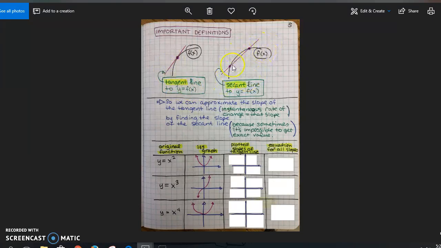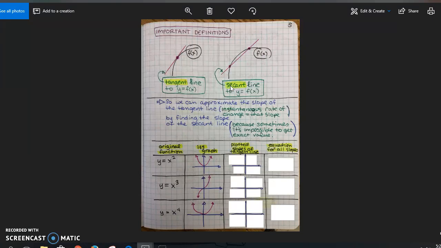If my function is black, same function, but I pick 2 points on my function, not just this one point, and I connect the line between them, that's a secant line. You'll notice tangent and secant are trig functions from pre-calculus. They're not used in the same context here. They're called this because of a relationship that we won't go into, but it's kind of a cool relationship.